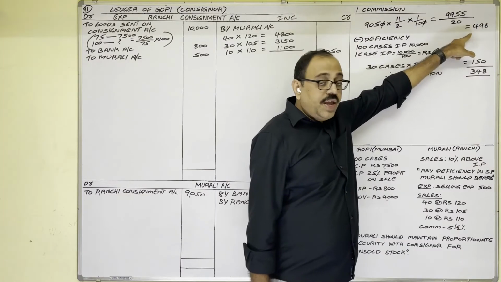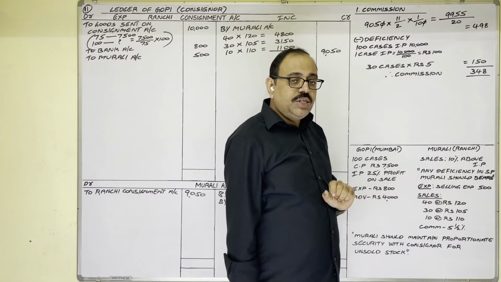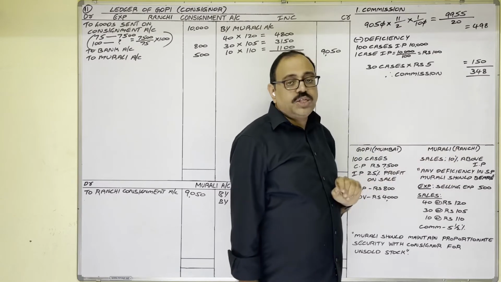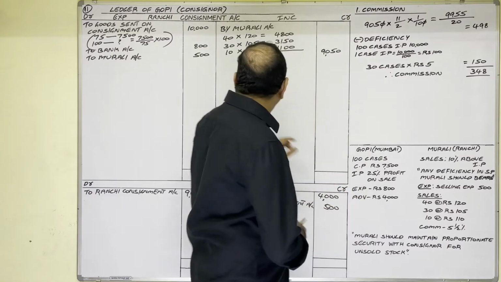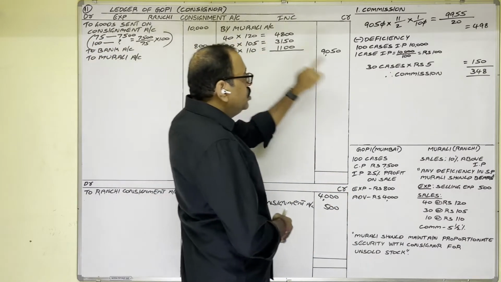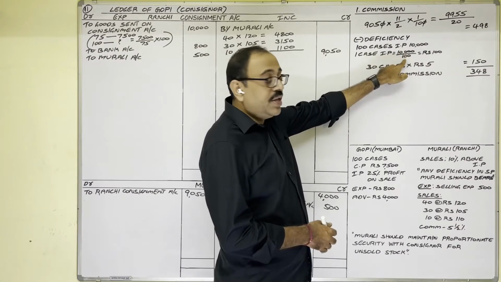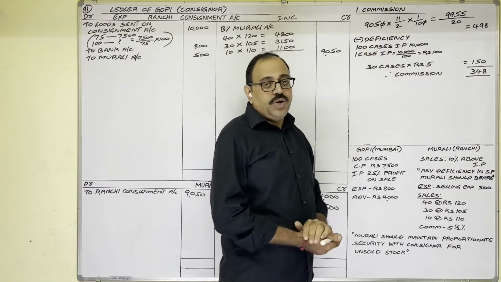From this 498, deficiency you have to deduct. Deficiency means sale price should be 10% above invoice price. So invoice price of one case is how much? We know 100 cases invoice price is 10,000 rupees. So one case invoice price is 10,000 divided by 100 cases, equal to 100 rupees.